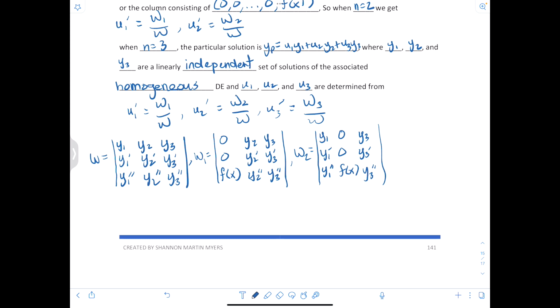And finally, w3 equals y1, y1 prime, y1 double prime, y2, y2 prime, y2 double prime, and then 0, 0, and f of x.